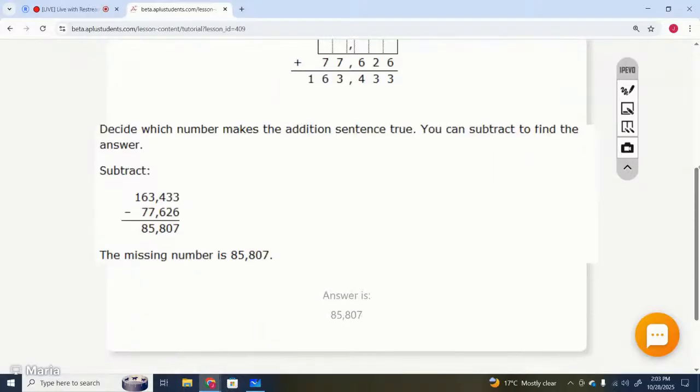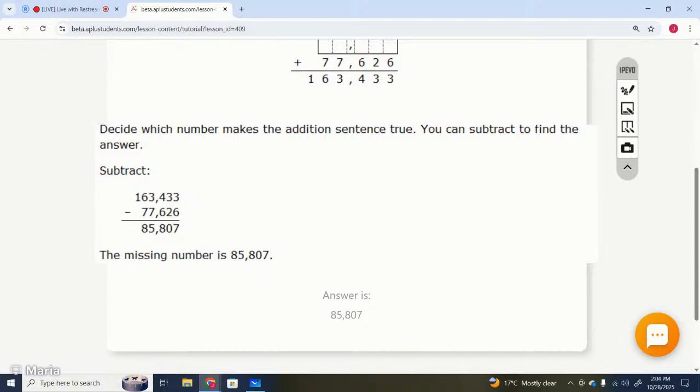163,433 take away 77,626. So you have to subtract starting from the ones digit.